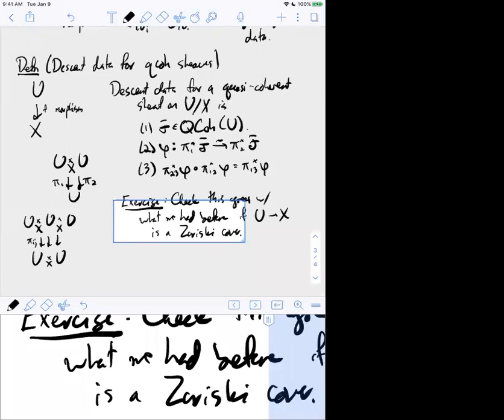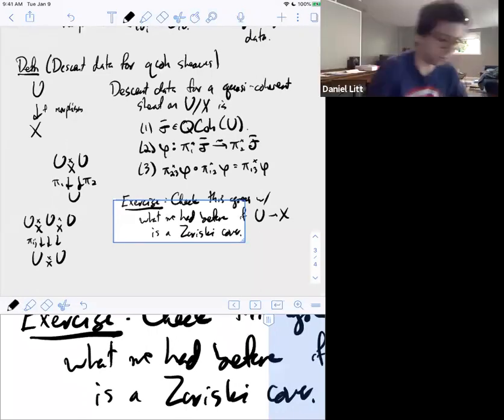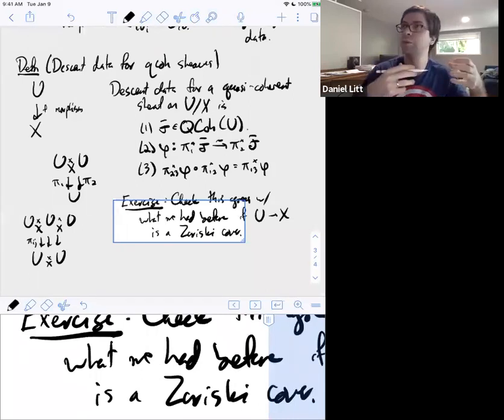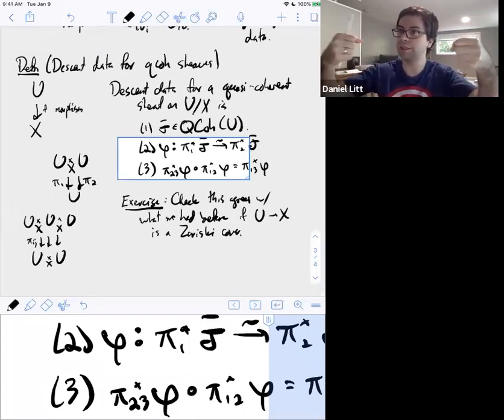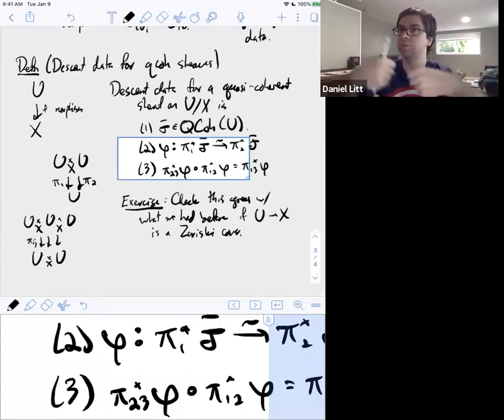Can you explain this condition 3 again, Daniel? Yeah, so this is the cocycle condition, right? So what this is saying is, let's go back to the situation where we had a Zariski open cover. So what does this phi do? It says that if we take our sheaf on one of our subsets and our sheaf on another subset, then we have an isomorphism between their restrictions to the intersection of those two subsets, right?